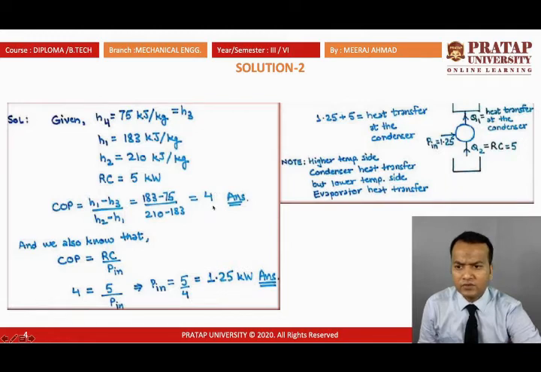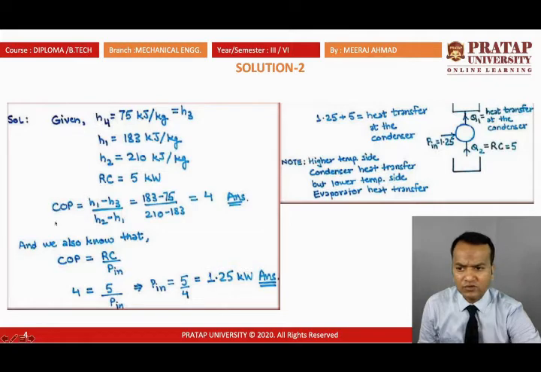Then you have to find the power input. You can see the refrigeration layout diagram. Q2 is equal to RC, 5 kilowatt, which is given. There is a work input; you have to find the work input first, then find Q1, the heat transfer at the condenser.